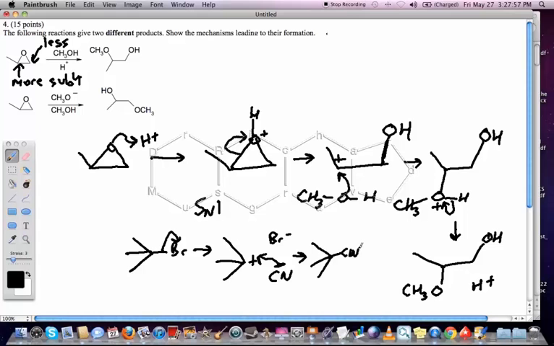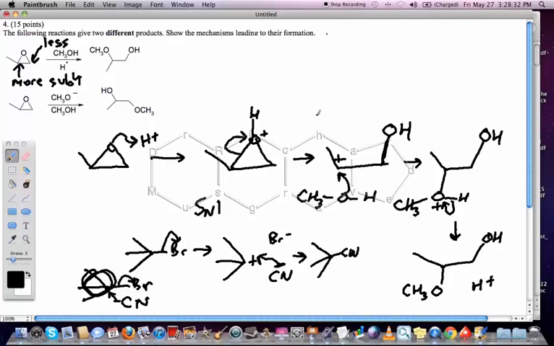So it's a two-step process, and the reason it's a two-step process is because we can't get the Cn- to come in and kick that out in one step, because there's just too much stuff going on around this carbon atom. There's not enough room for the Cn- to actually get in. And the other reason the Sn1 is favoured is because of the substituted nature of this carbon: the more carbons there are around this carbon, the more stable this cation is going to be.